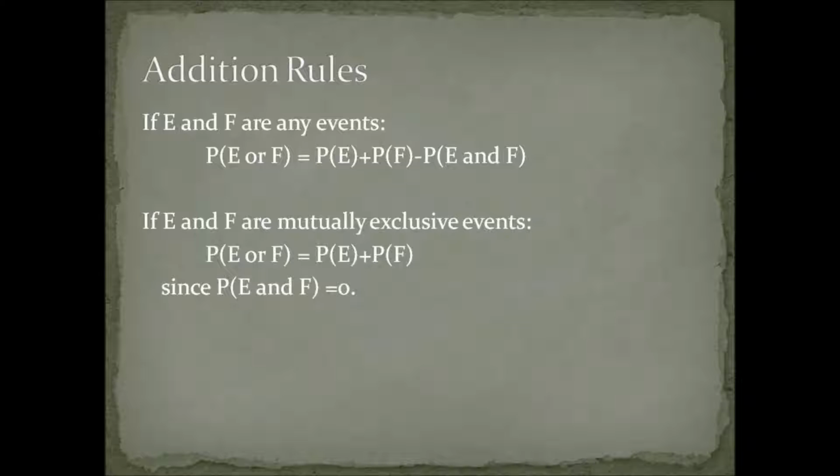However, if E and F are mutually exclusive events, then the equation simplifies to the probability of E or F equals the probability of E plus the probability of F. You don't need to subtract the probability of E and F because that probability is 0 when you have mutually exclusive events.